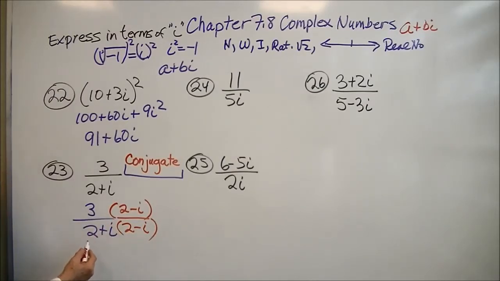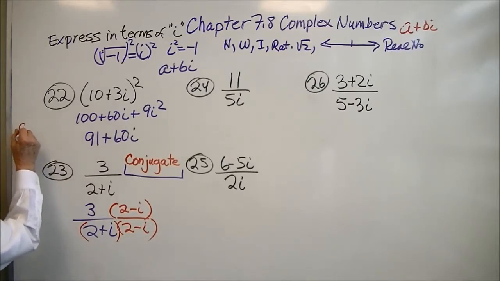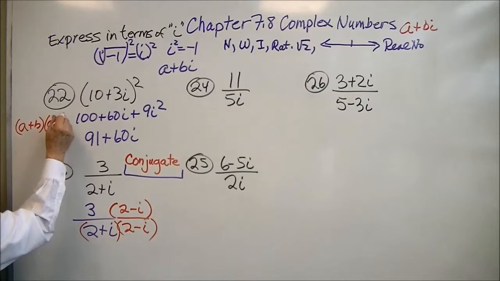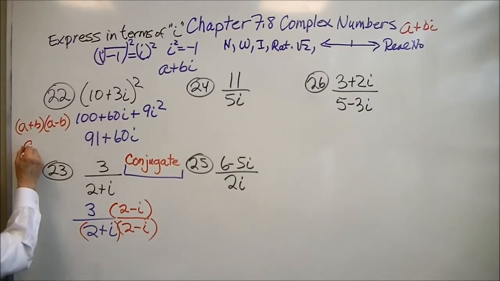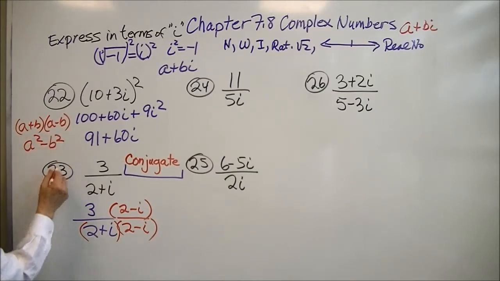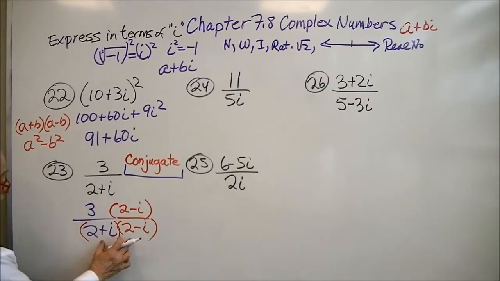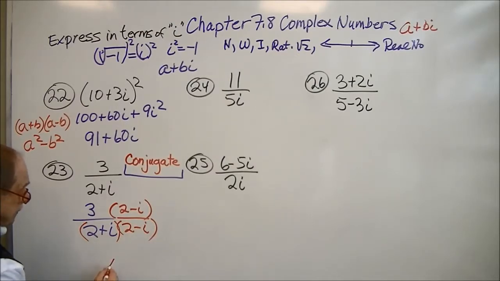But an interesting thing happens when we FOIL conjugates. Remember, the old thing was a plus b, a minus b. This became a squared minus b squared. The middle terms canceled out. Oh, because that's what we want. So this is just going to become 4 minus i squared.